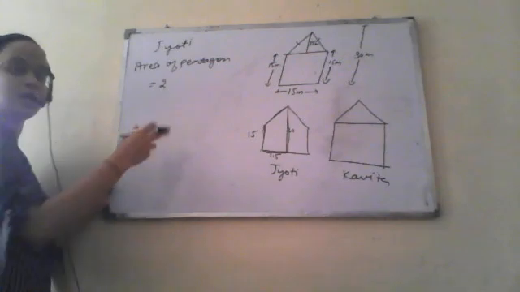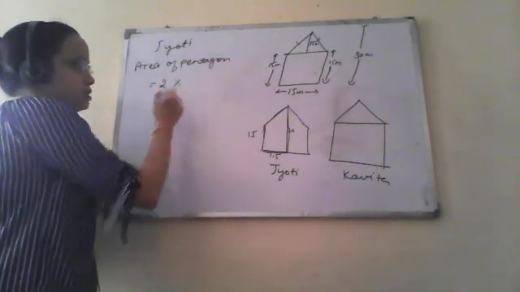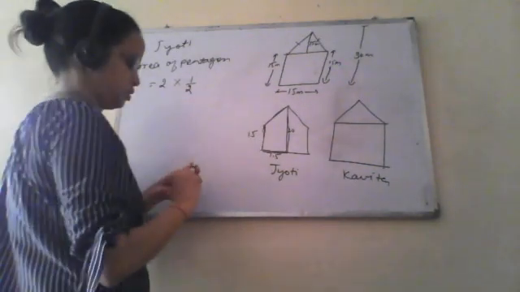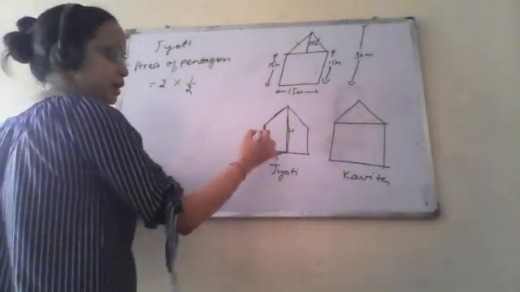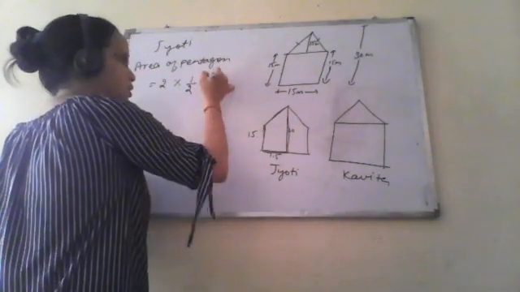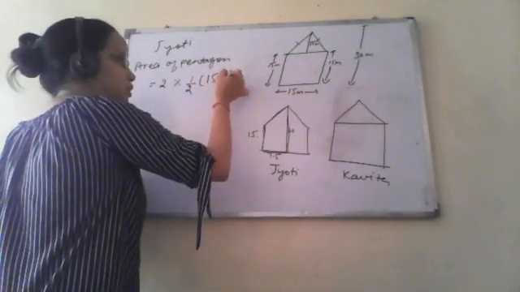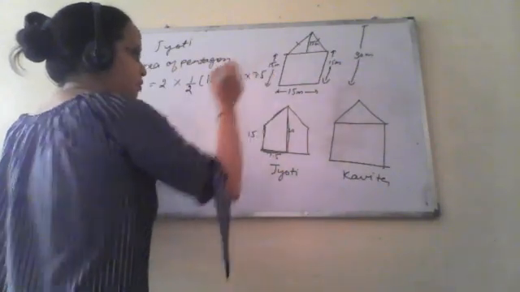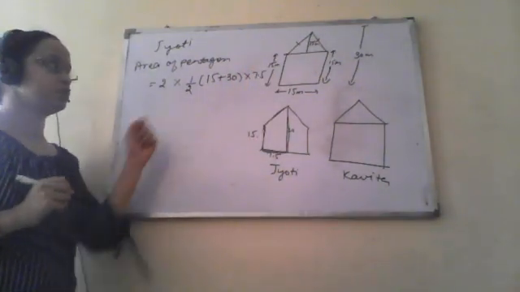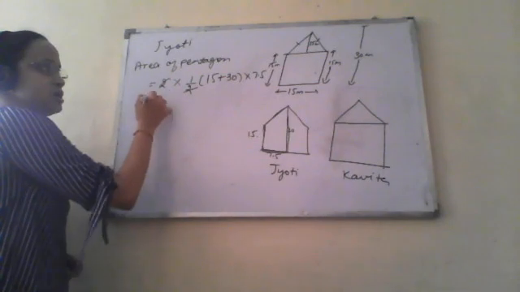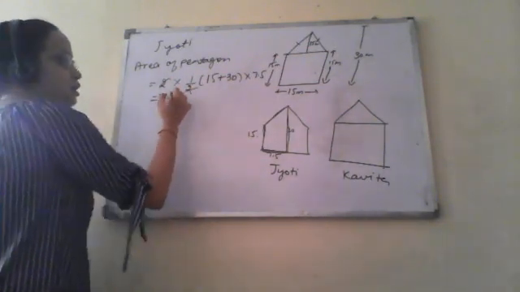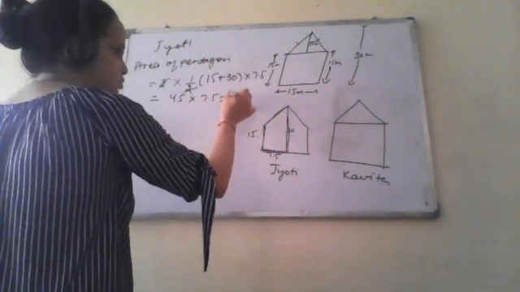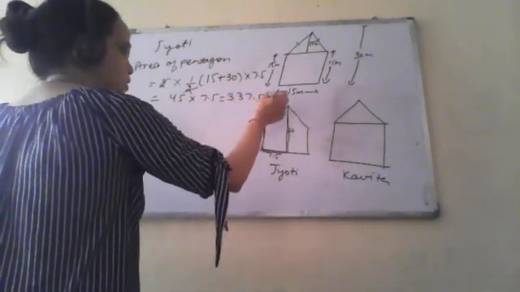So it is 1 by 2, parallel sides 15 and 30, and perpendicular distance 7.5, twice. The 2s cancel out, so this is 45 into 7.5, which comes out to be 337.5 meters square.